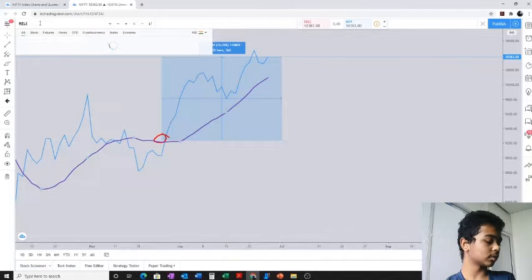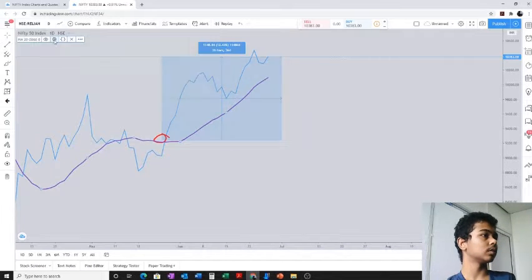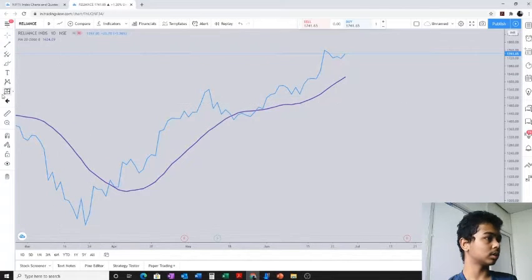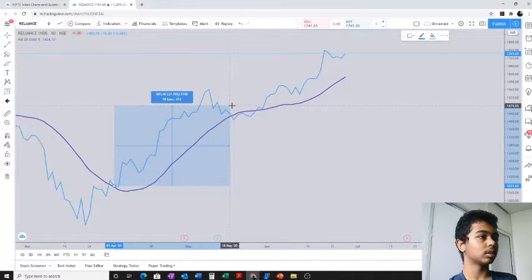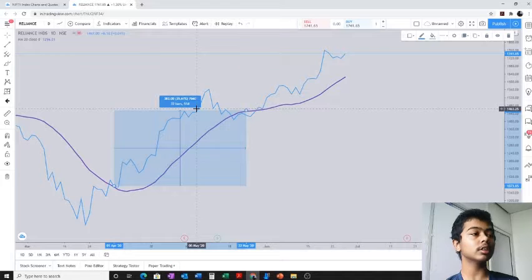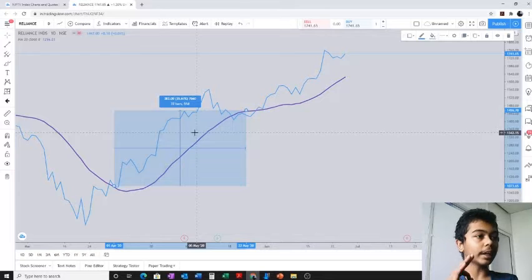Let's first go to Reliance, which has given, I'll tell you how much returns. If you have bought it over here, that's about 35%. This is a very good return. If you get this type of trade even once, then you're set.